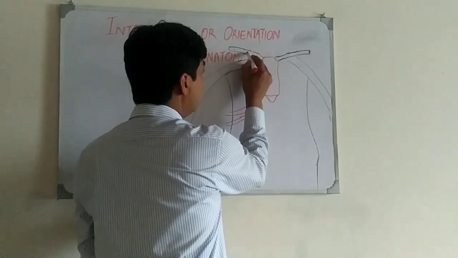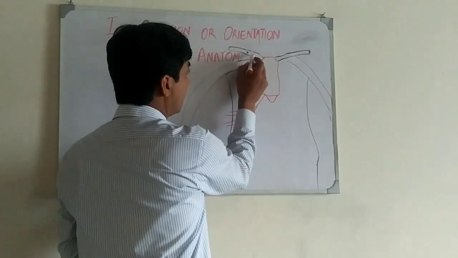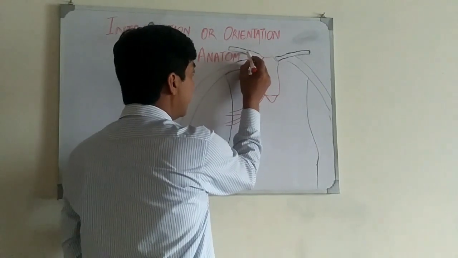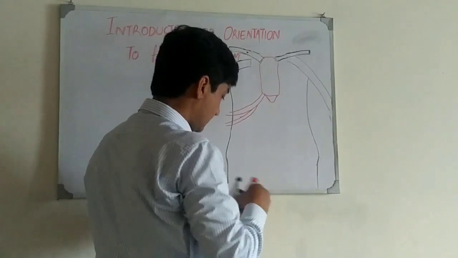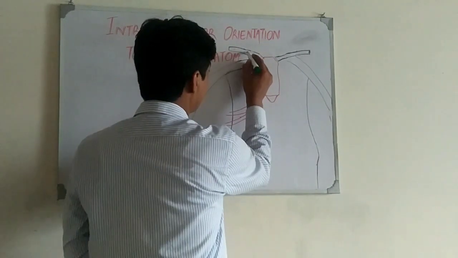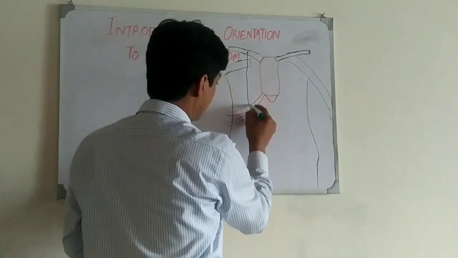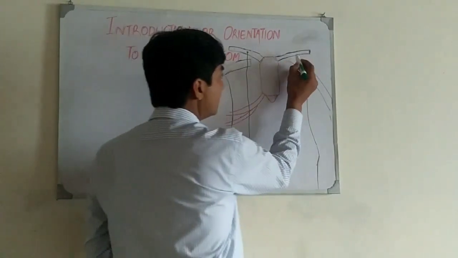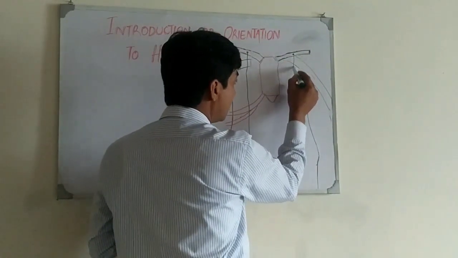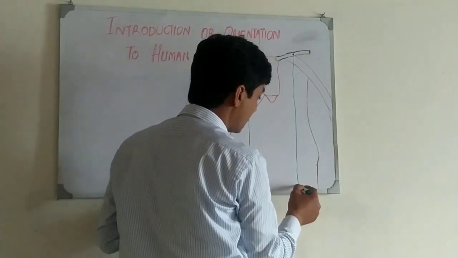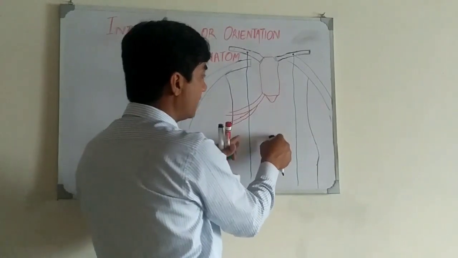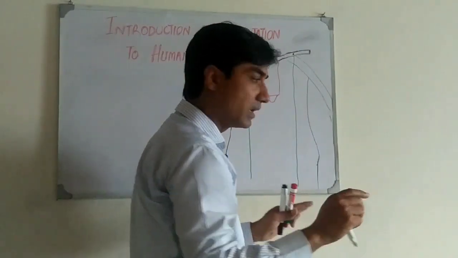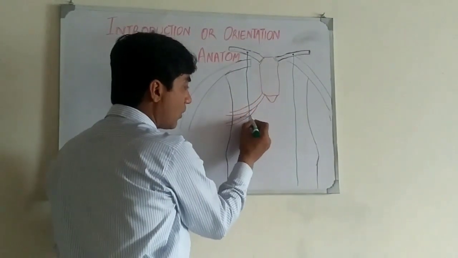Here is the center point of the clavicle, and I am going to draw from the midpoint of the clavicular bone. This mid clavicular line at the right side and this mid clavicular line at the left side. These two lines are drawn perpendicular at the abdominal region, and these lines are called mid clavicular lines.